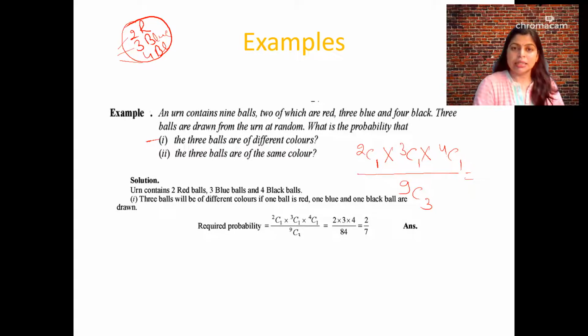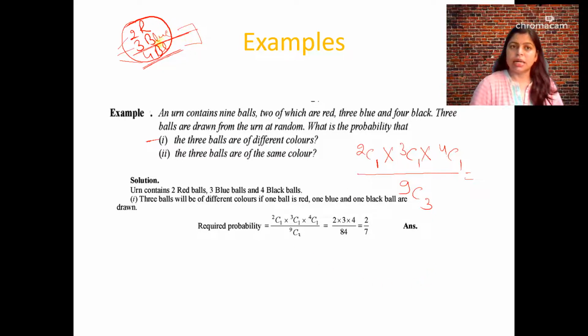And the second part, the 3 balls are of the same color, so that means I have two possibilities: either these 3 balls will come from the blue balls, or these 3 balls will come from the black balls. So it is either-or, and I have to use the addition law, probability of A plus B. First case, suppose all 3 balls are blue.